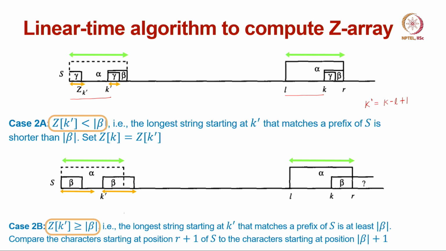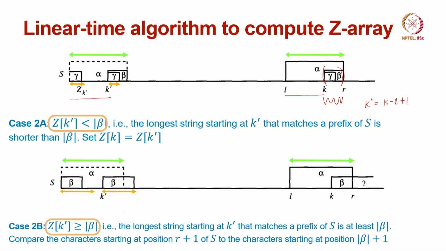Given this notation, if Zk dash is less than the size of beta, it means that the longest string starting at K dash that matches a prefix of S is shorter than beta.